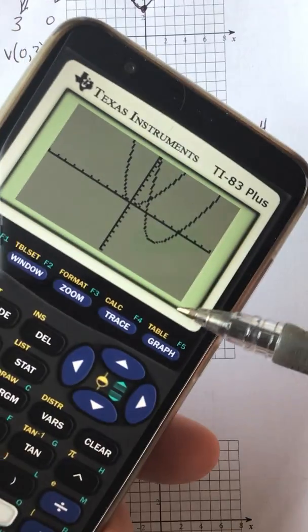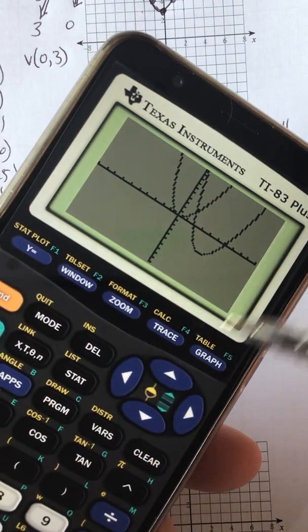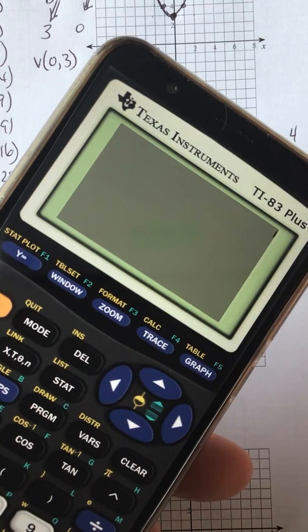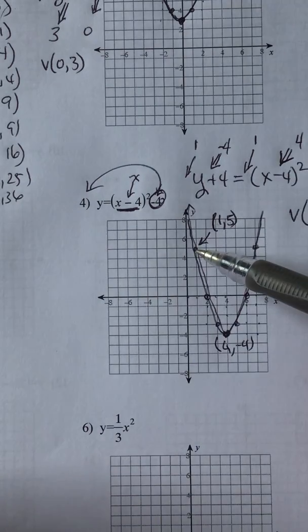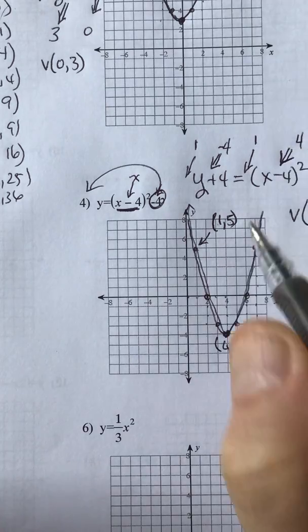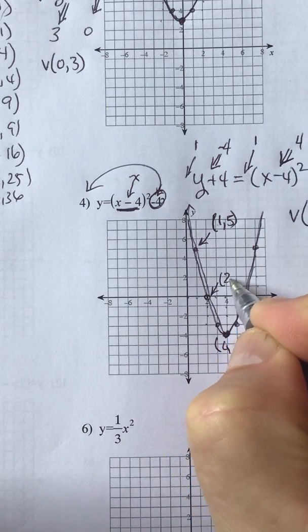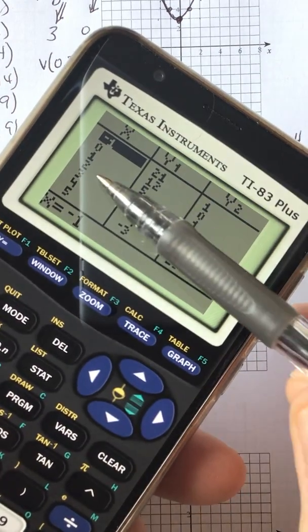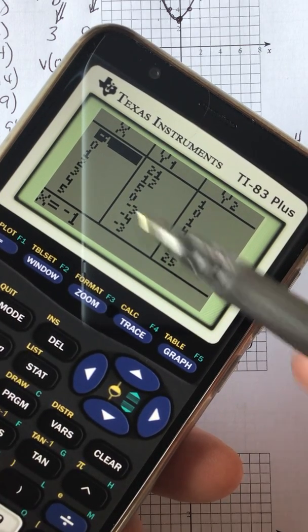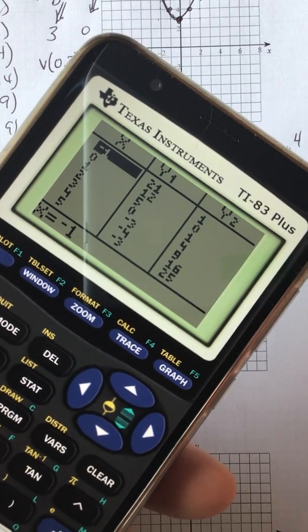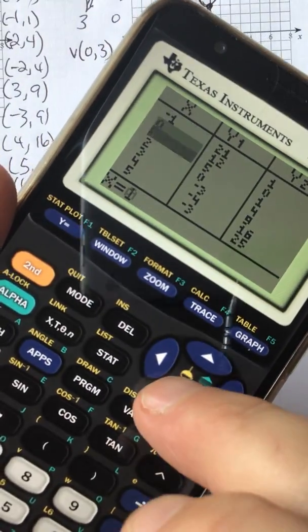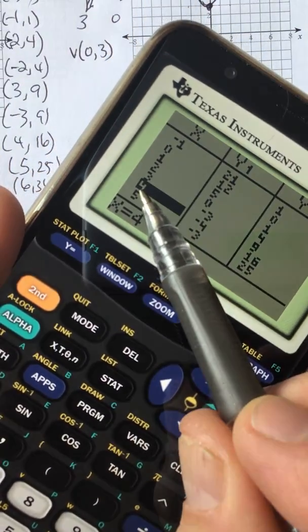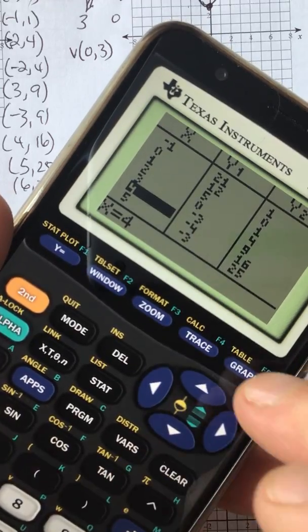So if I take a look at the table right here, second table, sure enough, right there's 1, 5. That's this dot. Look at this one right there. That's over 2, up 0. Okay, that's right there, over 2 up 0, and so on. 4, -4 should be on there, right there. There's 4, -4, which was the vertex.